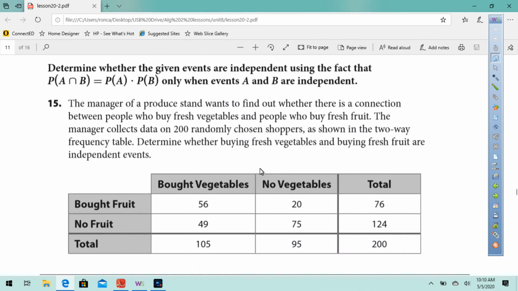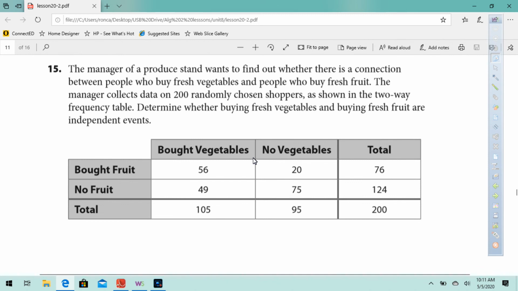15. Determine whether the given events are independent using the fact that the probability of A intersection B equals the probability of A times the probability of B, only when events A and B are independent.